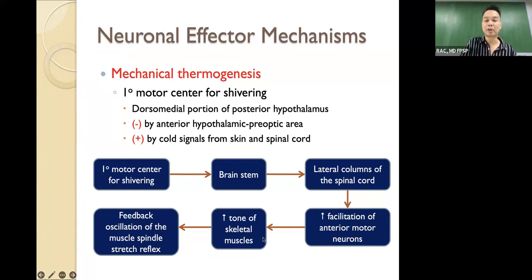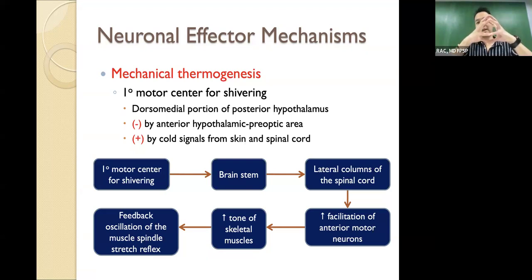So this increases the tone of the skeletal muscle, and it makes the muscle spindle and GTOs, the Golgi tendon organ, more sensitive, causing a feedback oscillation of the stretch and the inverse stretch reflex to oscillate. So if you will recall, the stretch and the inverse stretch, or the myotactic and inverse myotactic reflex, di ba?